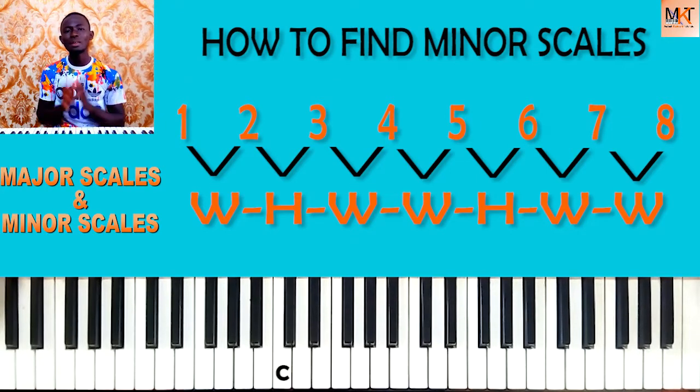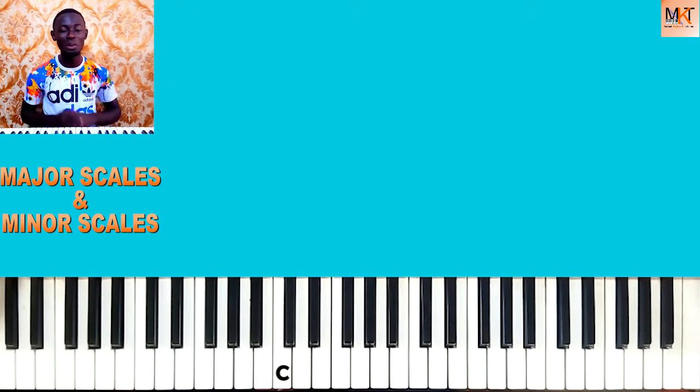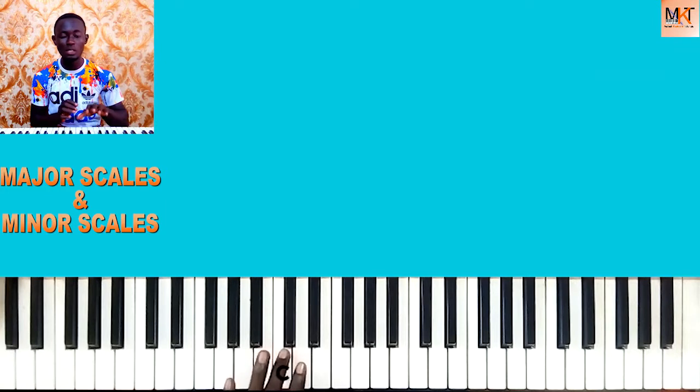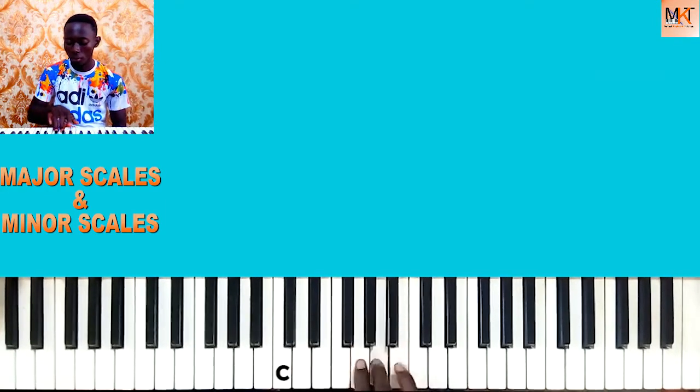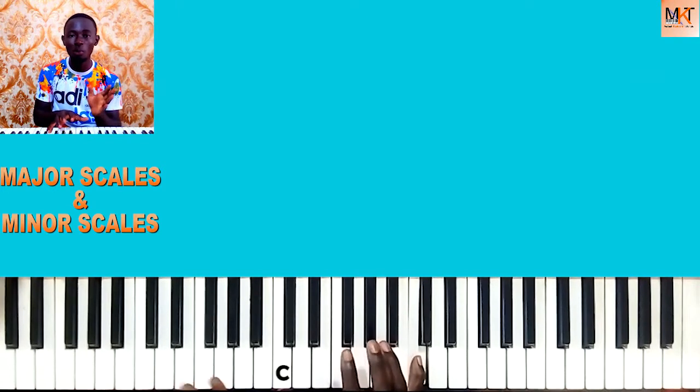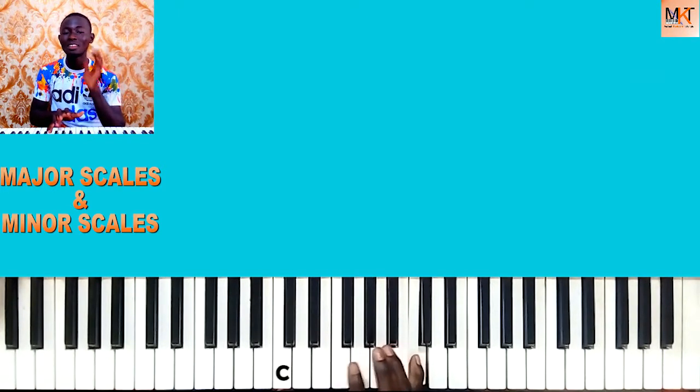Okay, and there is a trick, or there is a link between the major scale and the minor scale. For instance, if you are on the key of C and you know the scale of C major, it's really simple to find the minor scale.